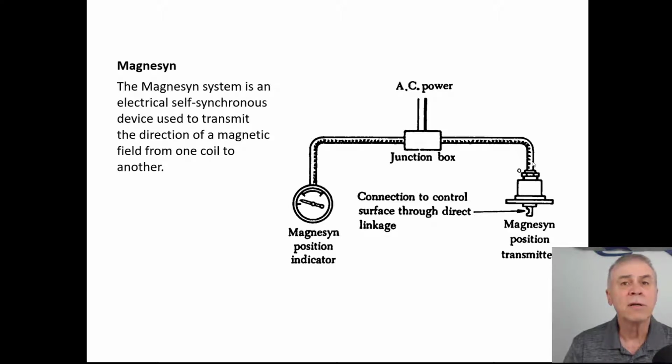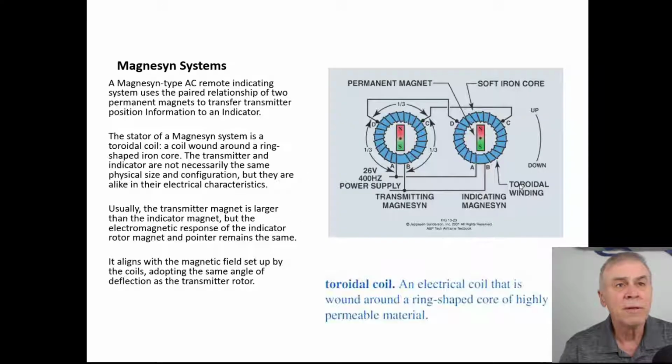And it goes through a junction box to the indicator. You can see they've really made the illustrations much better as this has evolved. This is a Jeppesen figure, and it's still not the newest. This looks like it's 2001.